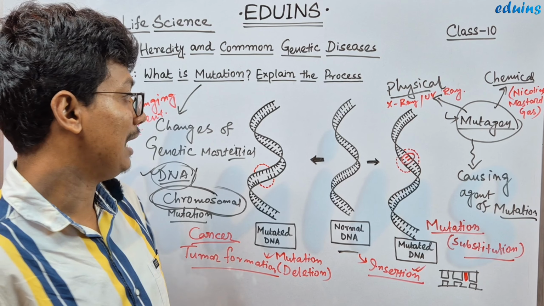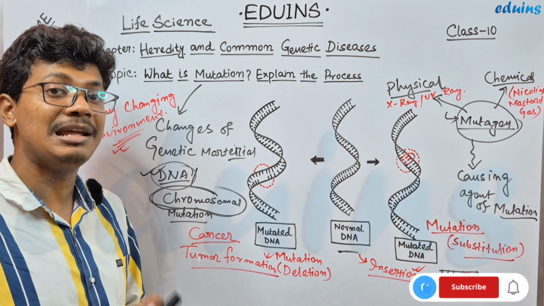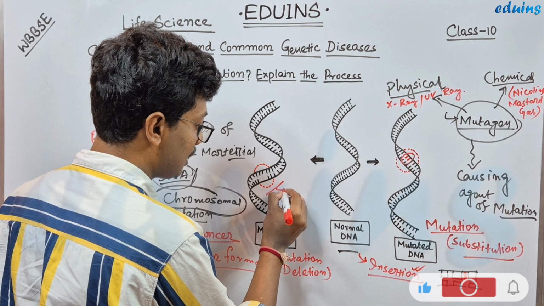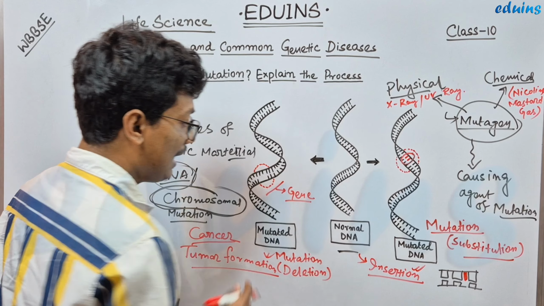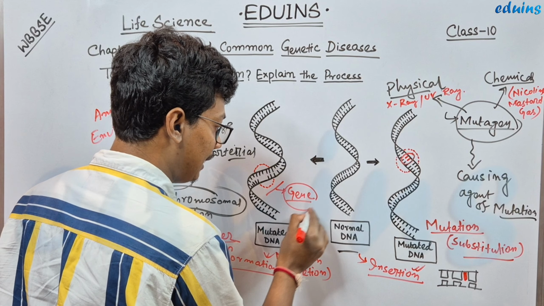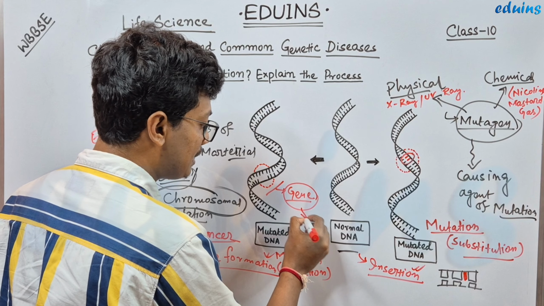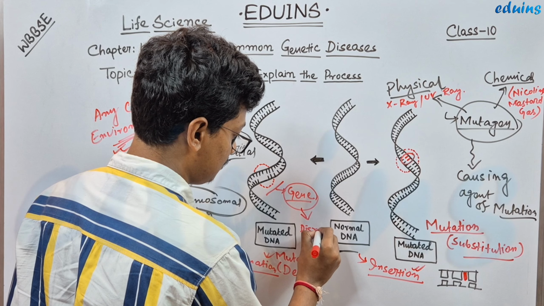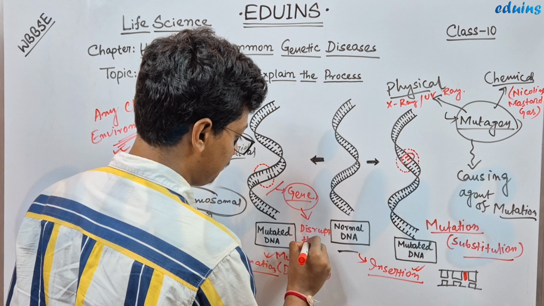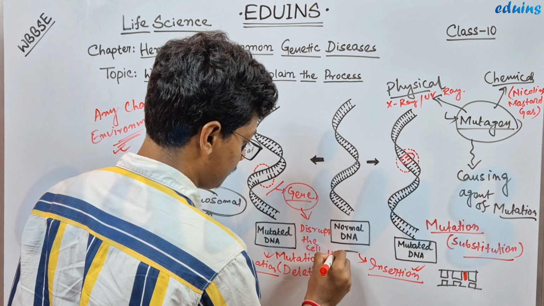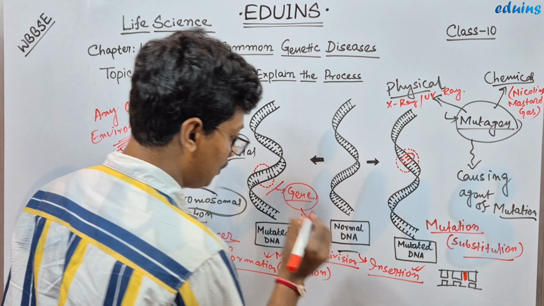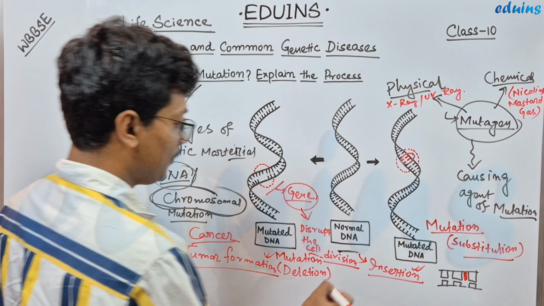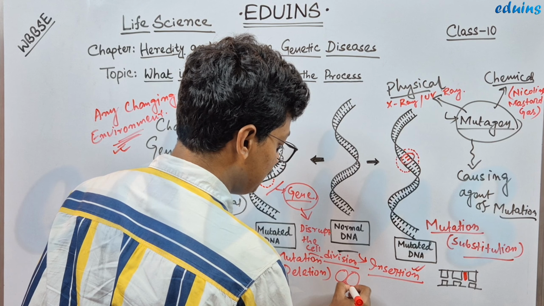We know that the part of the DNA which can synthesize a specific protein is known as a gene. If this gene gets mutated, then the whole cell division process gets disrupted. When cell division is disrupted, unregulated cell division occurs.